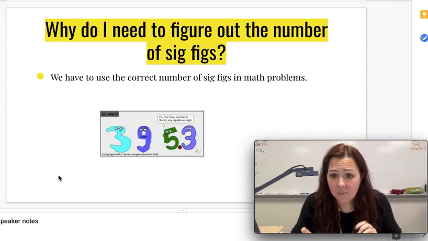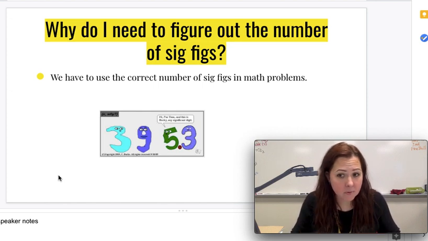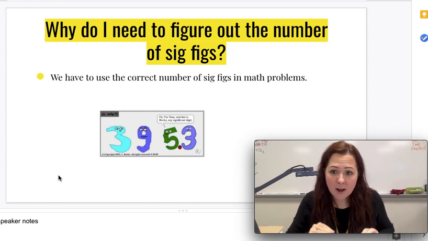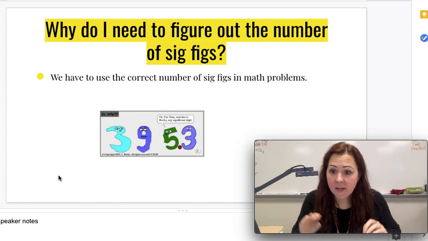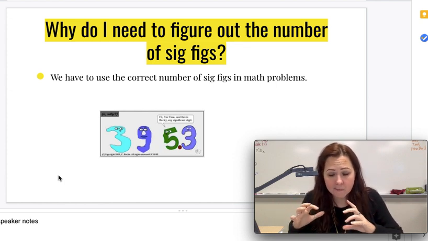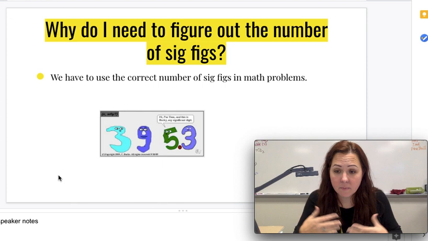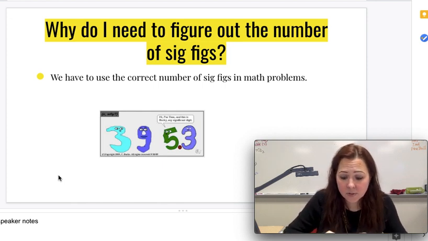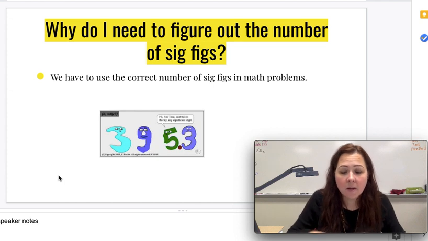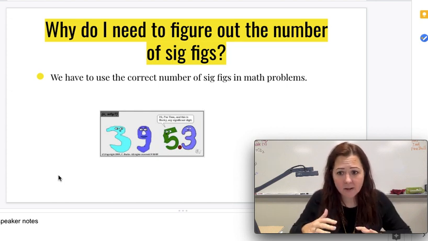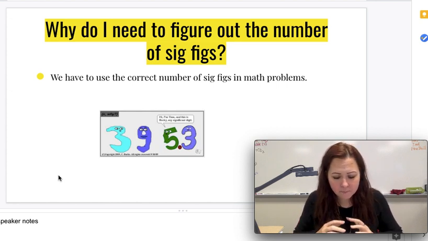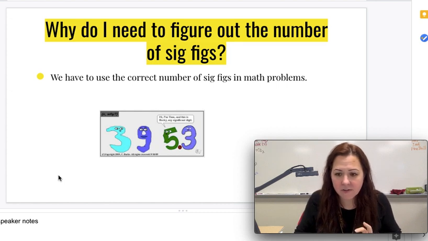When we're doing math problems, you're going to do the problem as stated. Put all the numbers into the calculator, and then you're going to have to round your answer to reflect the amount of precision that the measurements had when they went into the problem. The math problems today have no units, just to tame it down. But you're going to assume that all the numbers are measurements, because measurements are the only thing that you use SigFigs for.